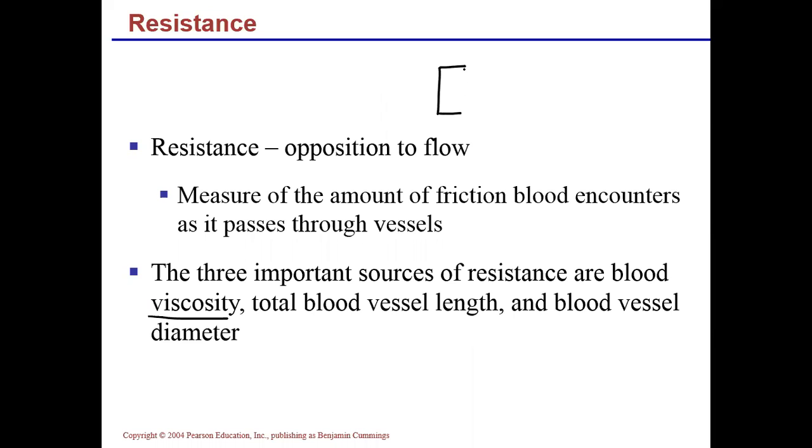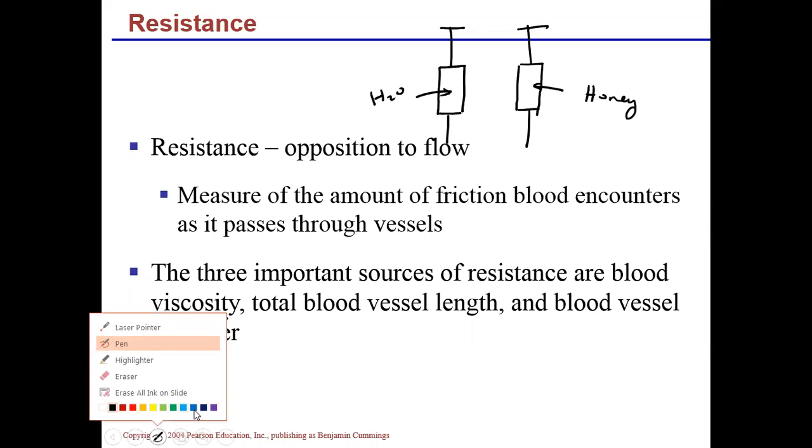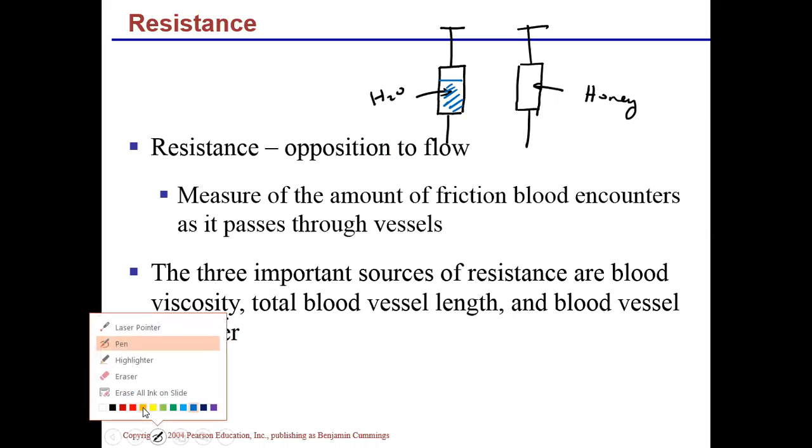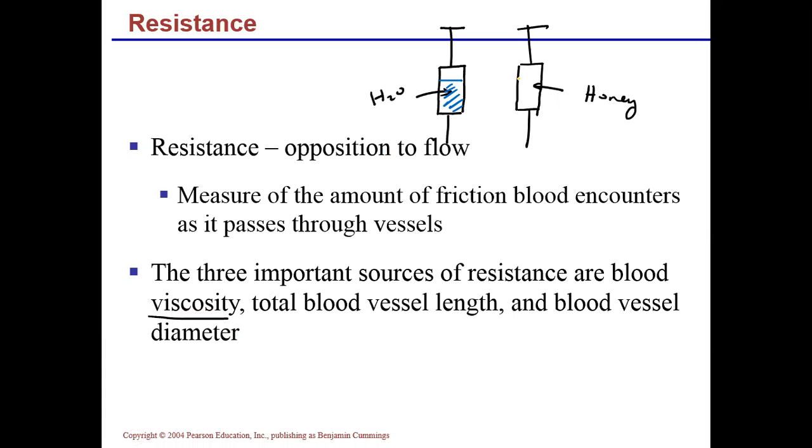Here you have a syringe, for example. Let's say it consists of, I don't know, 30 cc of water inside. So you could put water inside, and the same amount, 30 cc, put honey inside. All right. So here is water, and here is honey. Same amount.